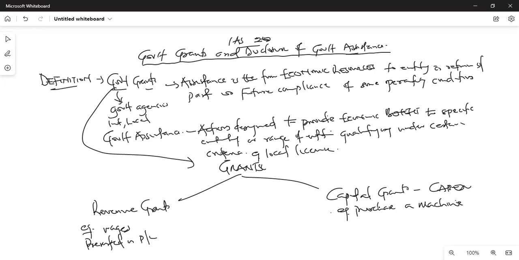All right, and it is an asset grant. What you need to go through and understand is that for a revenue grant, you have two ways of treating it.